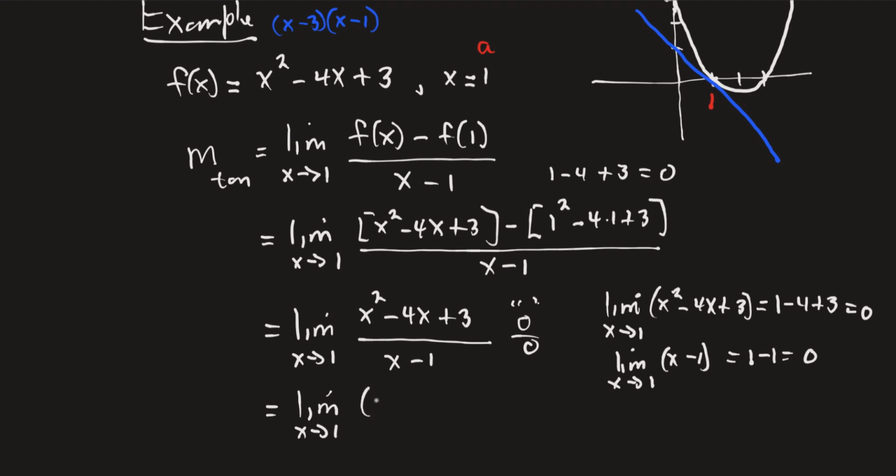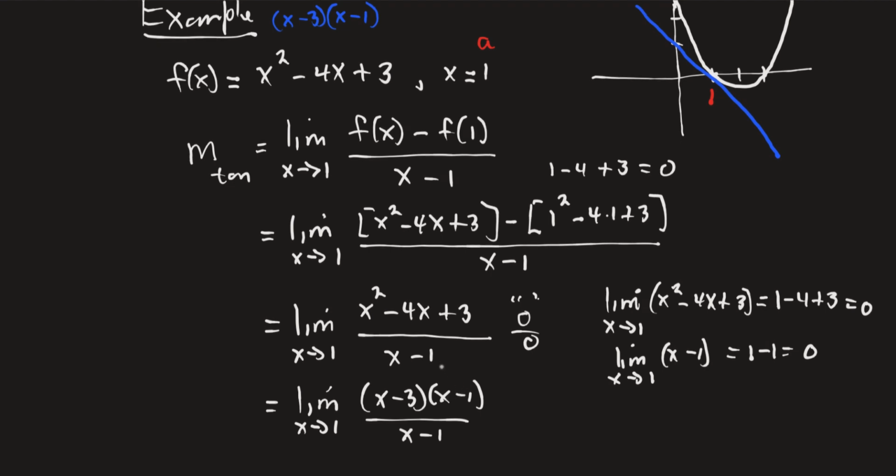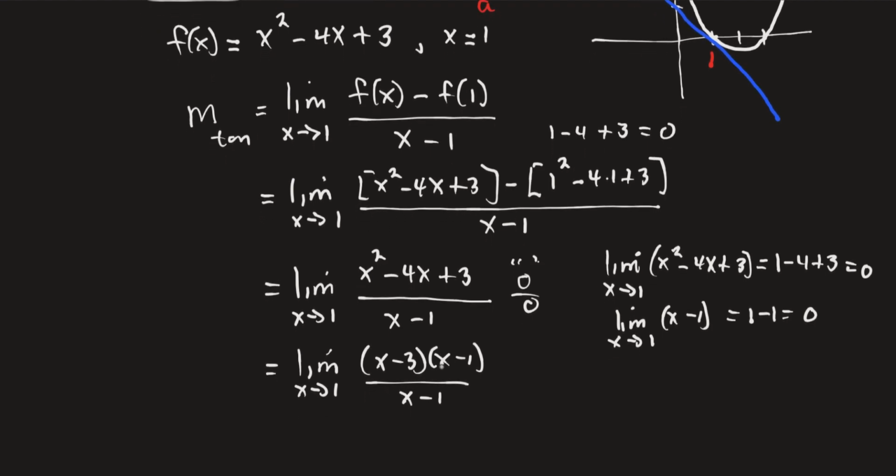It factors as x minus 3 times x minus 1, and lo and behold, our factor theorem tells us if we plug 1 in and we get 0, then x minus 1 has to be a factor. That's a very important theorem from algebra. So we can reduce this, and then we end up with a much simpler limit to evaluate.